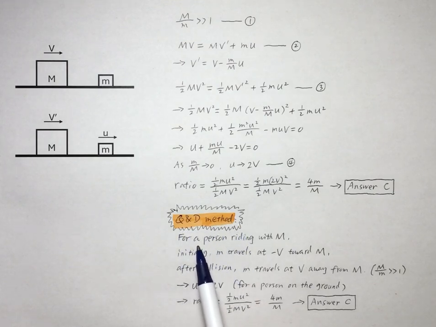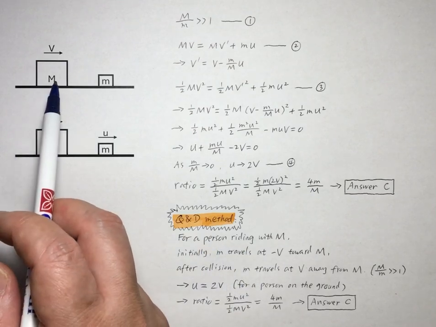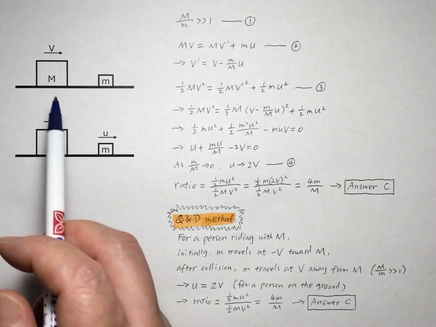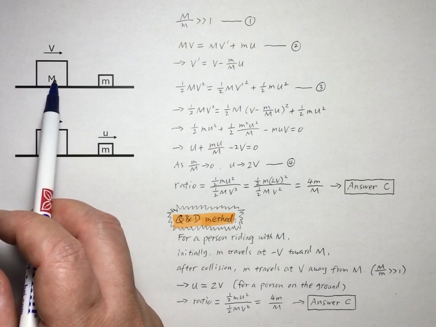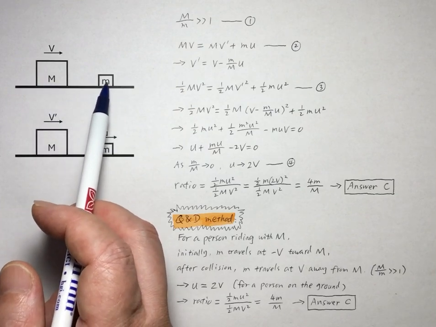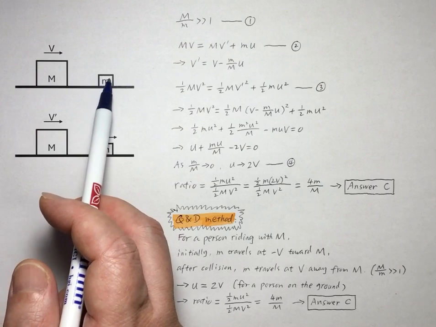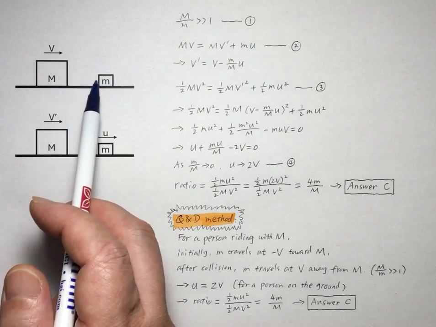Let's consider a person that is riding with the heavier object, capital M. To the eyes of this person, initially the lighter object travels at v toward him.